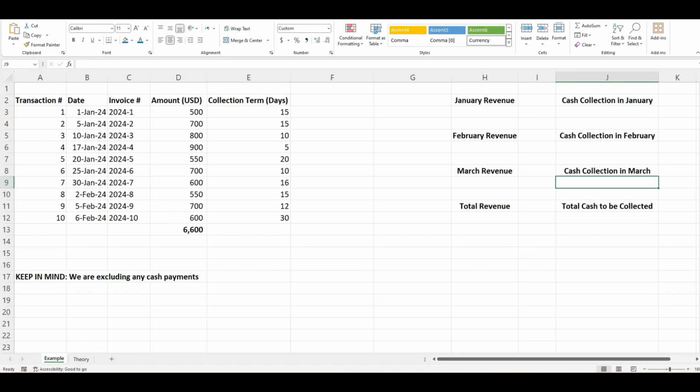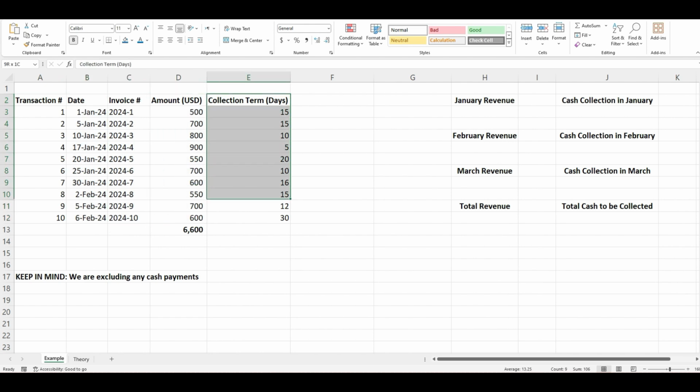We have 10 different transactions with 10 different dates, invoice numbers, amounts, and collection terms. We are required to find the revenue figures for the month of January, February, March, and then the total. Also, we're required to find the amount of cash collected in January, February, March, and the total.